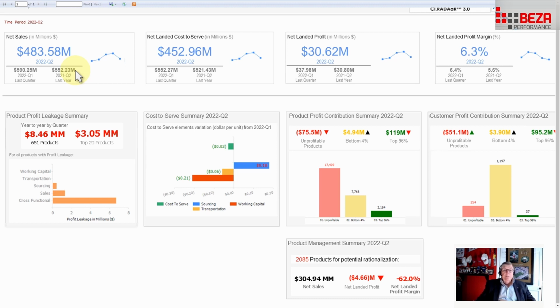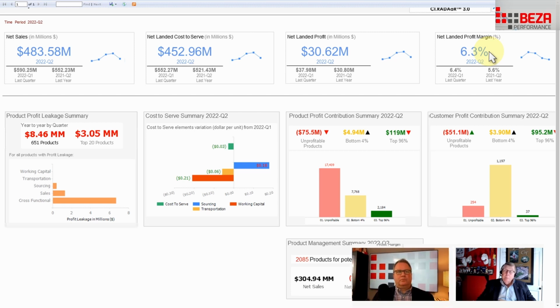And that's true for net sales, as you can see there, for net landed cost to serve, remembering that's the total cost to serve for every product, customer, and channel. The net landed profit that's being generated for that quarter versus, again, last quarter versus a year ago. And then the net landed profit margin. And as you've heard several times, most likely your net landed profit margin is going to be considerably lower than your standard margin. And that's true for every company pretty much. But you want that snapshot.